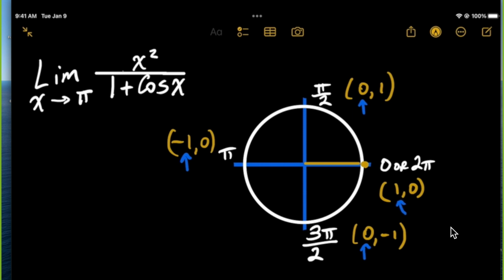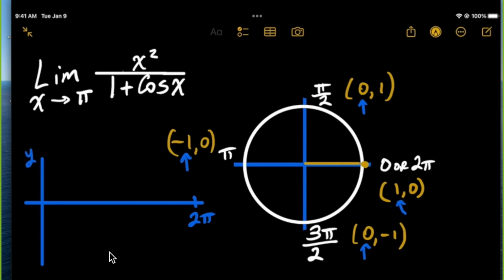So let's go ahead and graph cosine of x using the unit circle, and the angle values will go on the x-axis, and on the y-axis is the actual cosine of x. So we are going to graph here in blue the function y equals cosine of x. So we're going to have an input of the x angle.